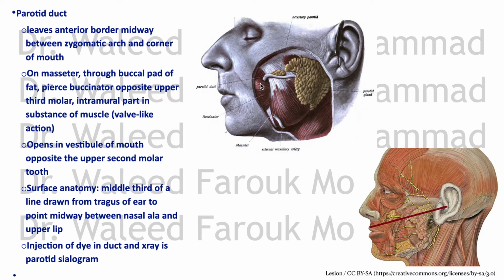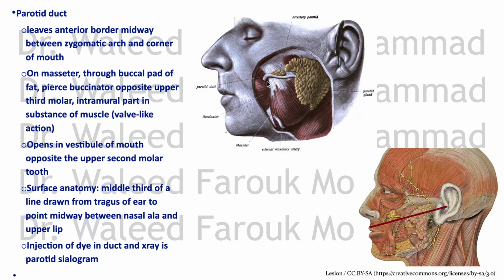So actually the duct, yes, it opens opposite the upper second molar tooth, but I got this question, trust me. Where did it pierce the buccinator? It pierced the buccinator opposite the upper third molar because it went forward for one molar distance and then pierced the buccal mucosa.